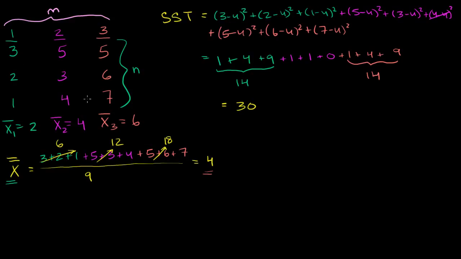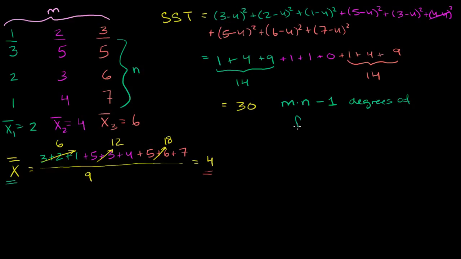Because if you have 8 of them, you can always calculate the 9th one using the mean of means. So one way to think about it is that there's only 8 independent measurements here. Or if we want to talk generally, there are m times n, the total number of samples, minus 1 degrees of freedom.